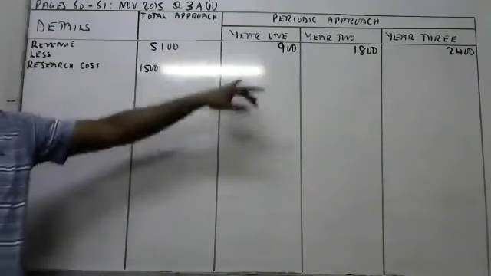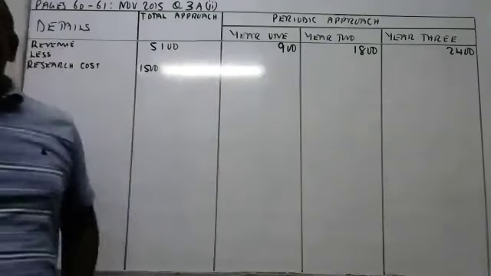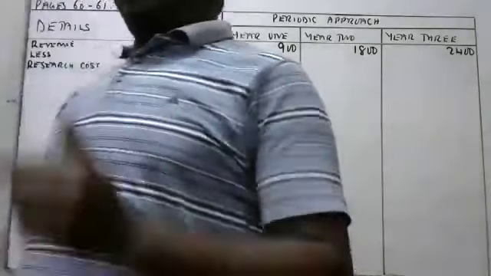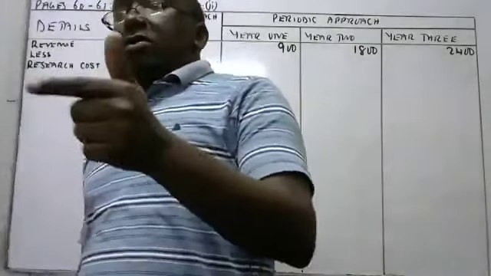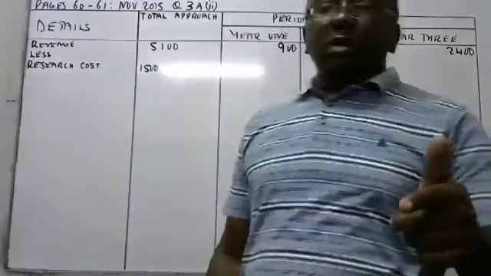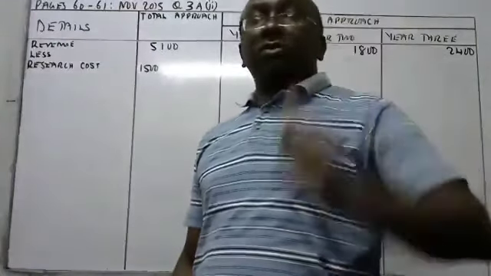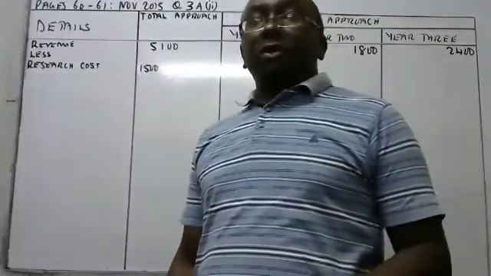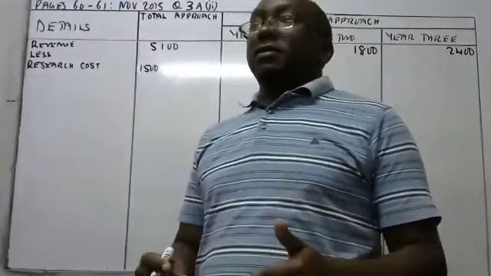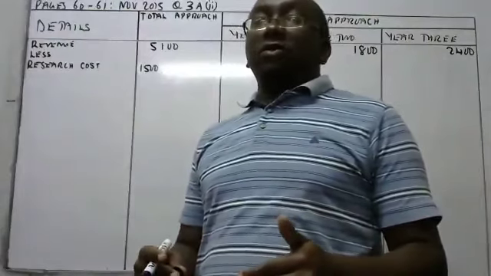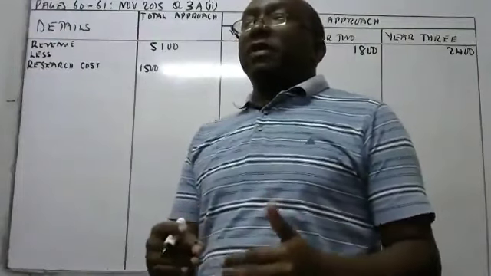When it comes to this, you need to ask and answer this question: when I incur this cost now, will it be beneficial to me in the subsequent periods to come? Because the cost is incurred once. Like the school fees you pay the first day you join.